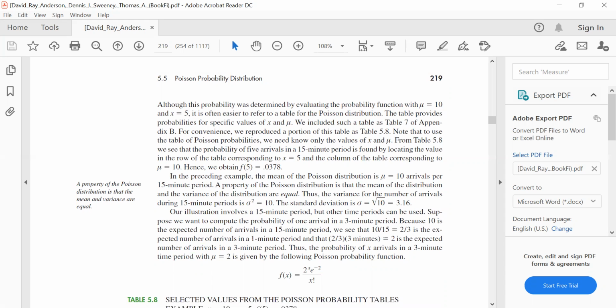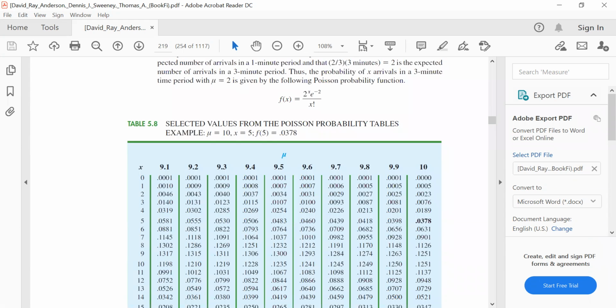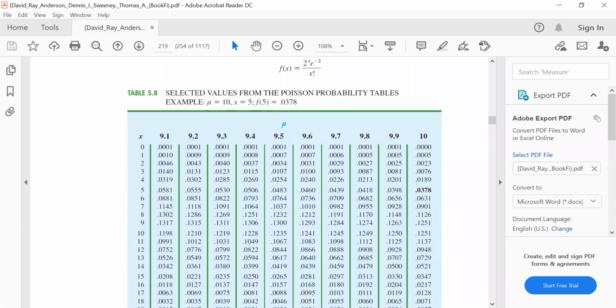For example, look at the table in the above example. The value of mu is 10 and the value of x is 5.